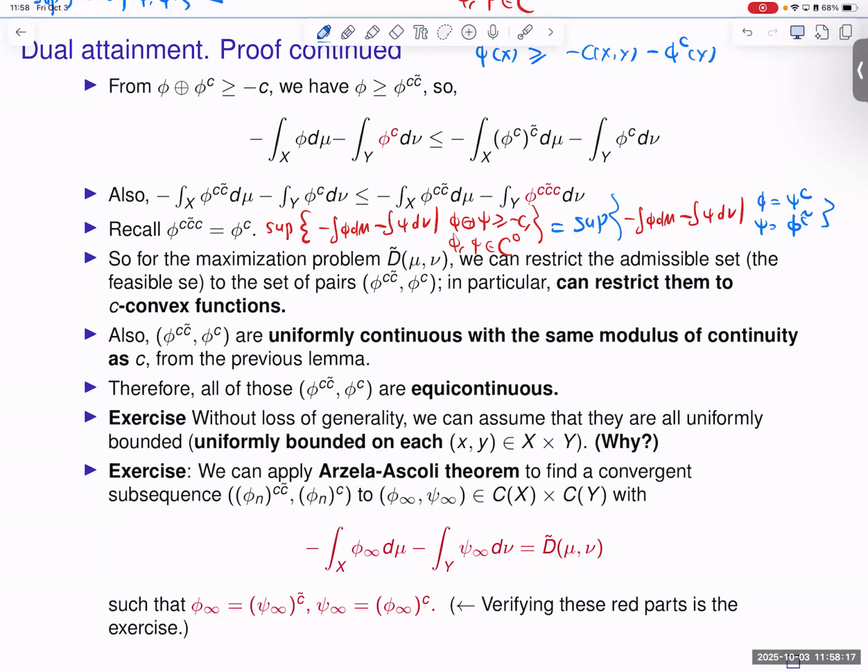They all have the same modulus of continuity. In fancy words, it means they are all equicontinuous, just another name for having the same modulus of continuity.